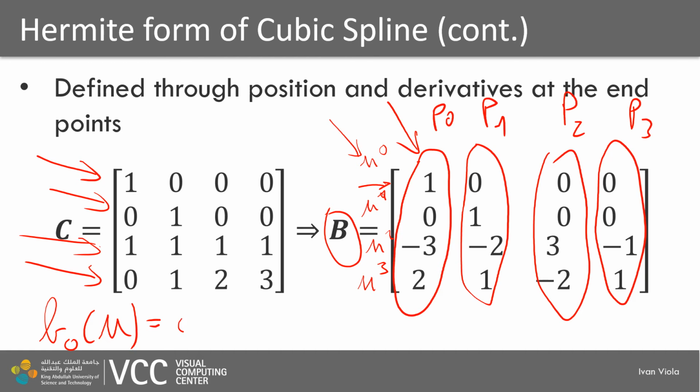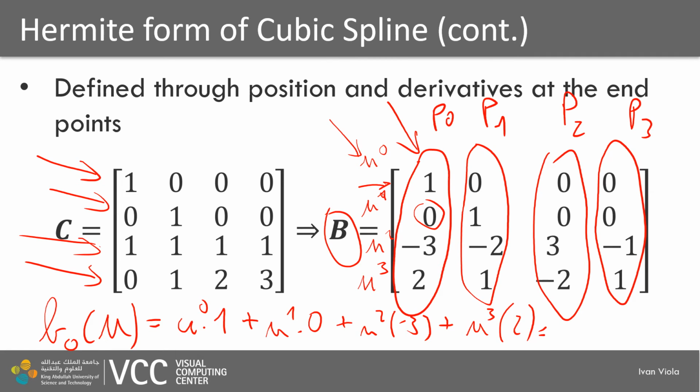It will be u to the power of 0 times 1, plus u to the power of 1 times 0, plus u to the power of 2 times minus 3, plus u to the power of 3 times 2, which is equal to 2u^3 minus 3u^2 plus 1.